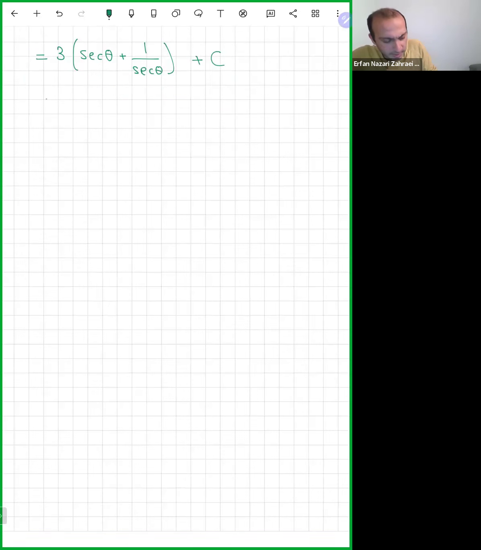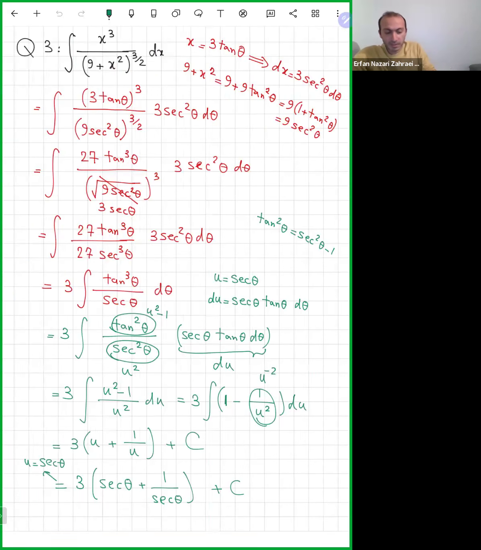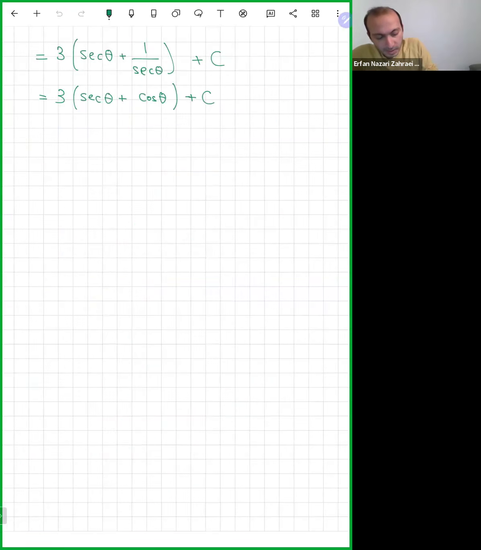Okay, good. This is the same as secant theta plus 1 over secant, or secant is 1 over cosine, or 1 over secant is cosine. Okay, good. But now my answer is in terms of theta. I need to have it in terms of x. So I should use this other substitution to write everything in terms of x.